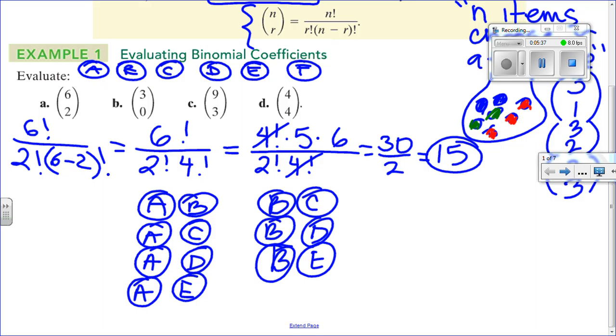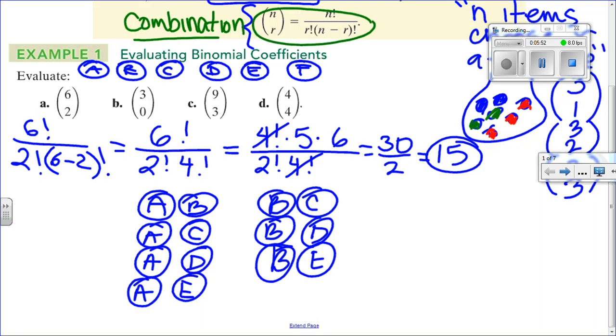Since I already used the word combination, let's just throw it in there. That is actually what it means. In the next section, we're going to look at something called combinations, which is the same thing that you see here. And the other thing will be called permutations.